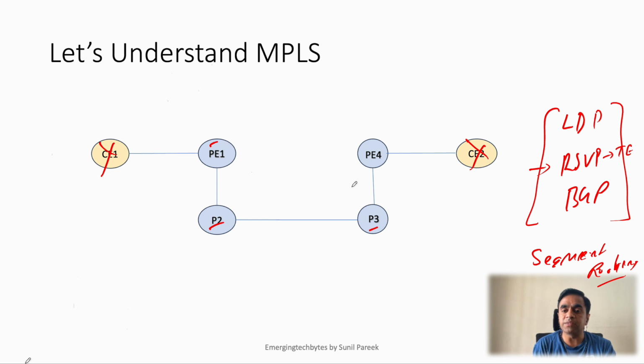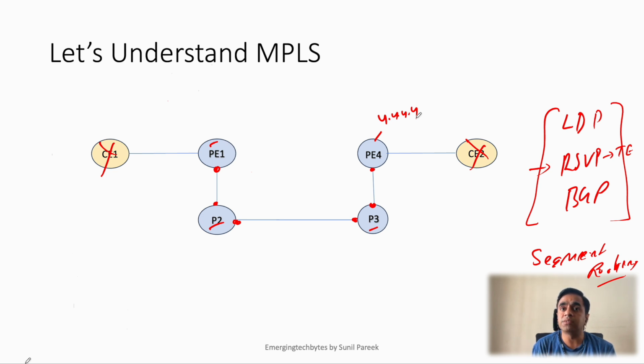Right? Let's just take LDP as an example. So LDP is enabled on all these devices, on all these interfaces. At a high level, let's say I have a loopback here which is 4.4.4.4.